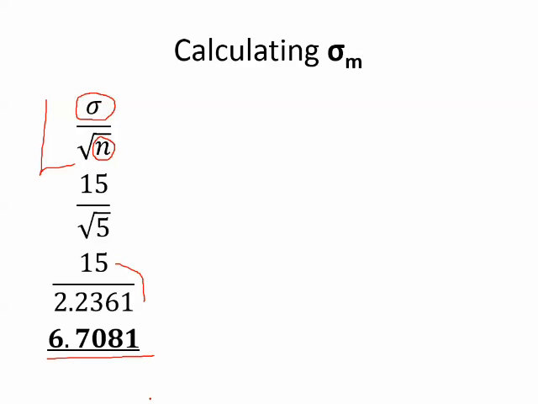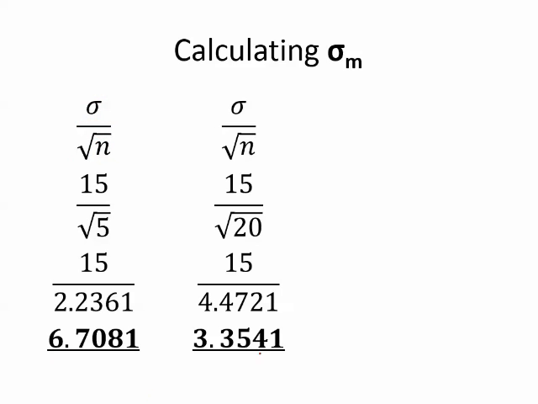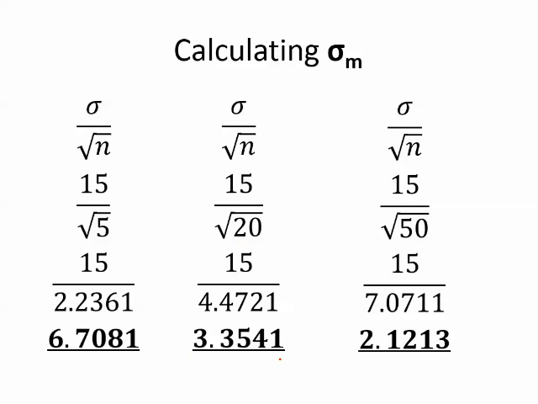Now, what happens as we increase our sample size? Let's take a look. Here we're looking at a sample size of 20, and our standard error decreases. Again, this follows the logic. The larger the sample size, the more representative our sample means will be, so the less error we're expecting to find. Additionally, we look at a sample size of 50.